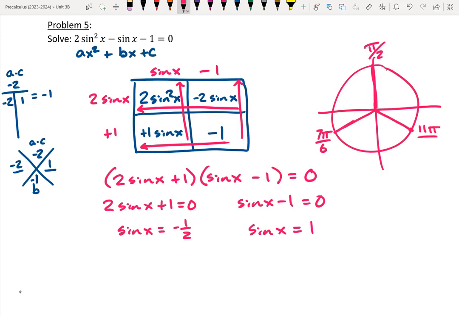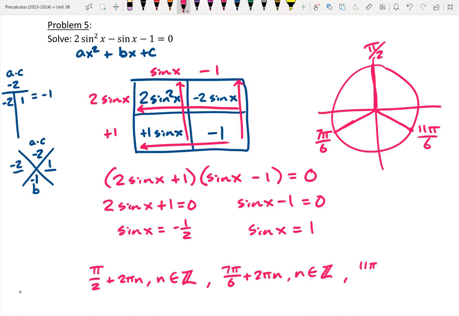Now this is solve. It just says solve. It doesn't give us an interval. So you would have to list out all possible solutions. One way of doing that is saying, okay, we have pi over 2 plus 2 pi n, n is an element of the set of integers. 7 pi over 6 plus 2 pi n, n is an element of integers.